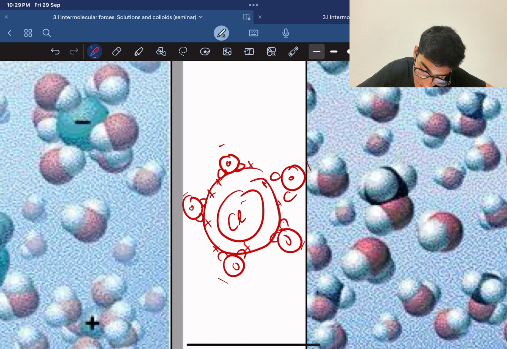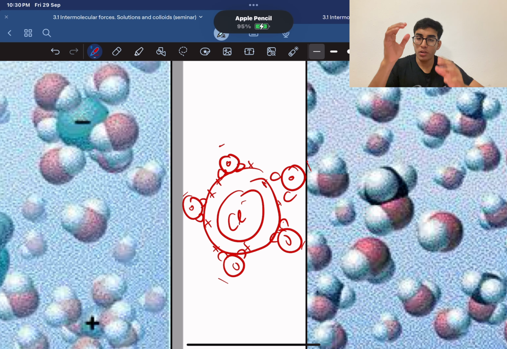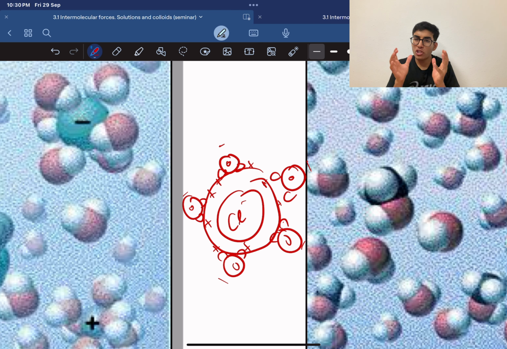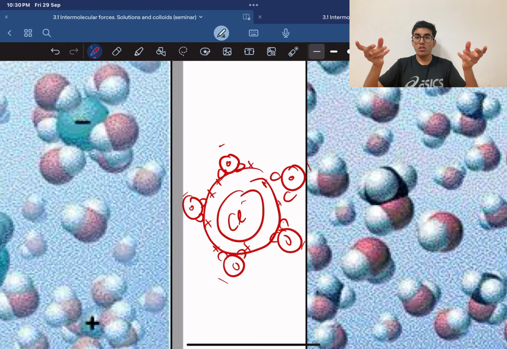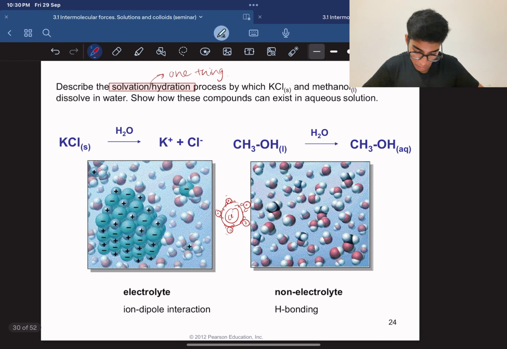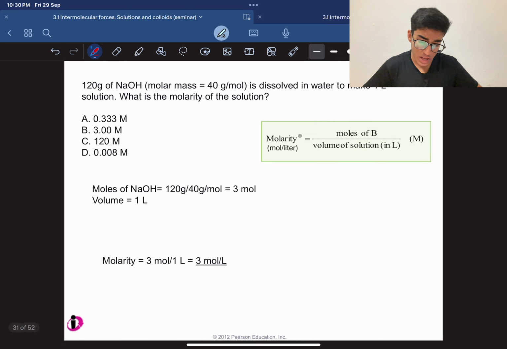You see how they're attracted over here? That's what happens. The process of water forming this hydration shield around the solute to dissolve it is called hydration or solvation. Understood? Simple, right? Same happens for Na plus, but the water molecules flip like that. Okay? Not gonna ask a lot of questions on this anyways.